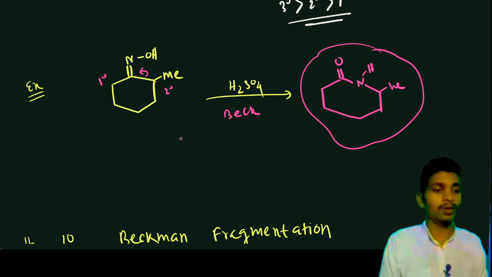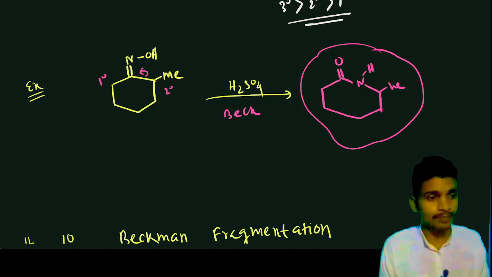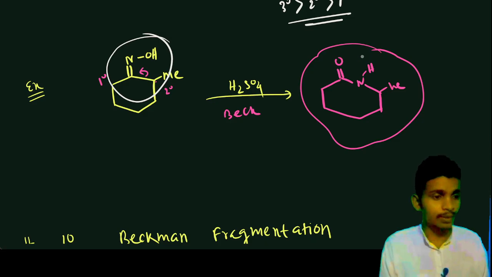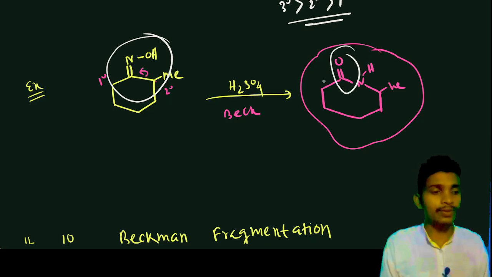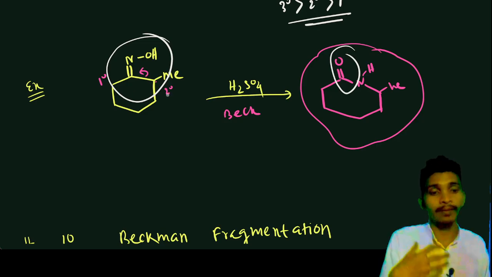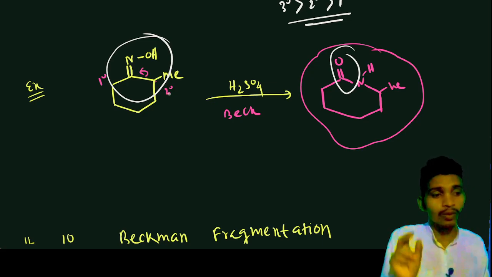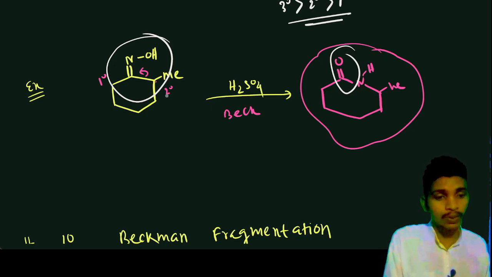So likewise, we will solve Beckmann rearrangement questions. What we have to notice is to convert this group into a C=O group and insert NH in between the C=O and the more migratory group. Like in Baeyer-Villiger oxidation, there we insert an oxygen in between the C=O and the more migratory group.